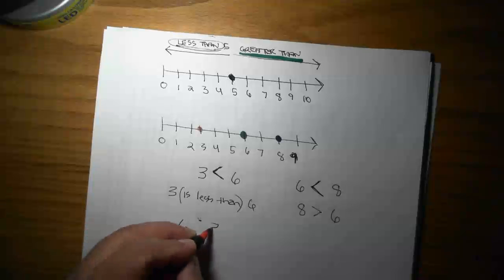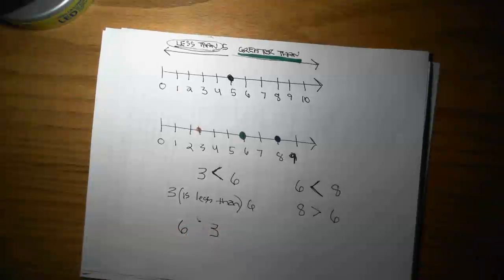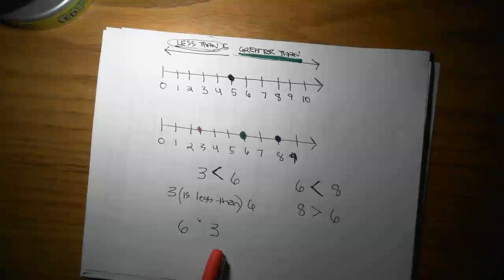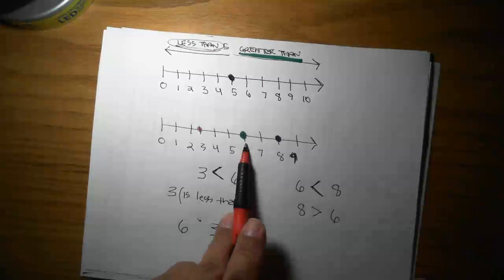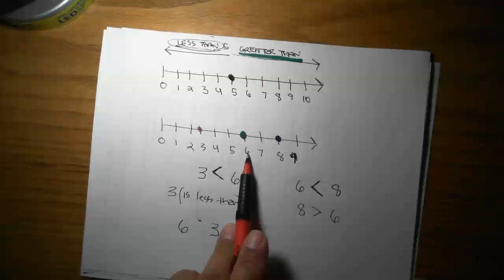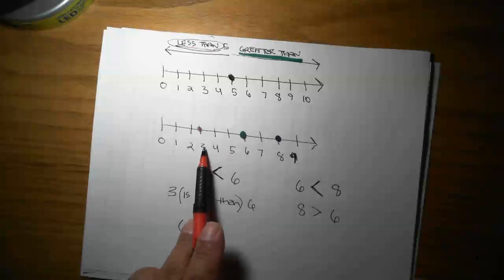Okay? Let's say 6 and 3. And the way we can read this is, what order relationship does 6 have with 3? Okay? So we see the 6, and we see the 3.